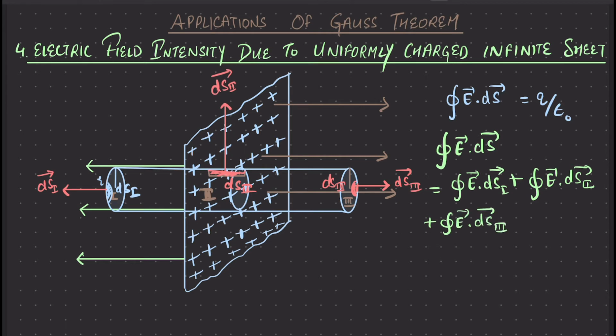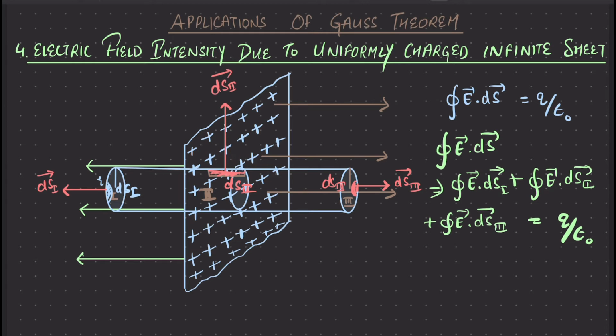And we know this sum over the three different surfaces will come out to be q upon epsilon naught. We have already discussed this kind of approach when we talked about the applications of Gauss theorem, especially when charge was distributed on a thin wire.